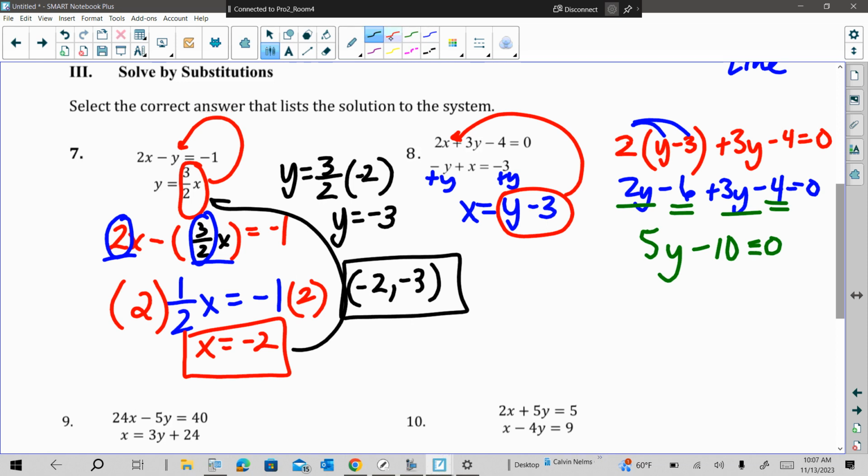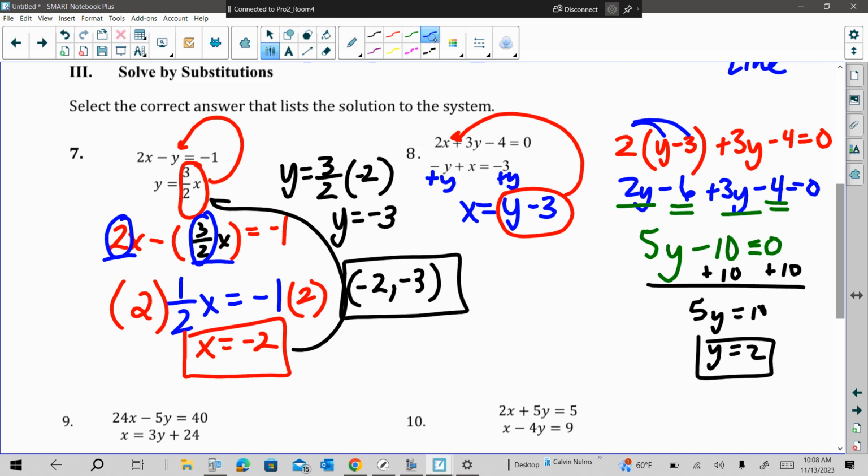So to solve for y, I'm going to add the 10 on both sides and get 5y equals 10, which means y equals 2. Now that I know the y, I can plug it back into what I had circled here to get my x. X is just going to be 2 minus 3, because I plugged in the 2 for the y, which is just a -1.